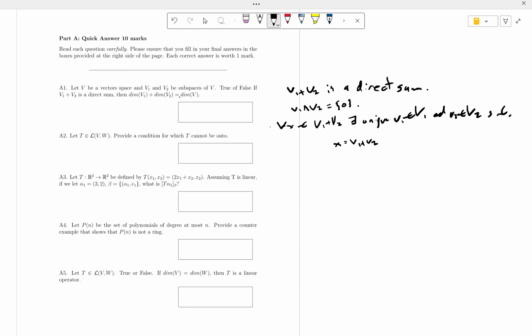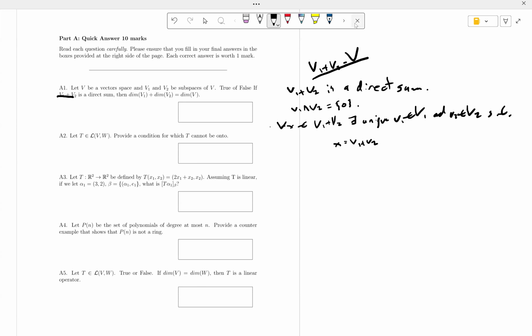The definition of a direct sum does not require that V1 plus V2 equals V. This is not a part of the definition of a direct sum. Just because V1 and V2 is a direct sum doesn't mean that it sums to the vector space.